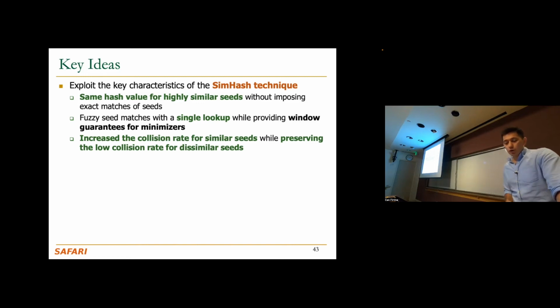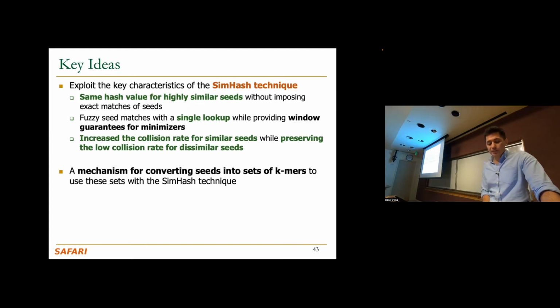We can also perform fuzzy seed matches with a single lookup while providing some windowing guarantees for minimizers, which is again important, and I'll probably talk more about it later on. Another property is that we increase the collision rate for similar seeds while preserving the low collision rate for dissimilar seeds, which is a similar property to locality sensitive hashing methods, let's say.